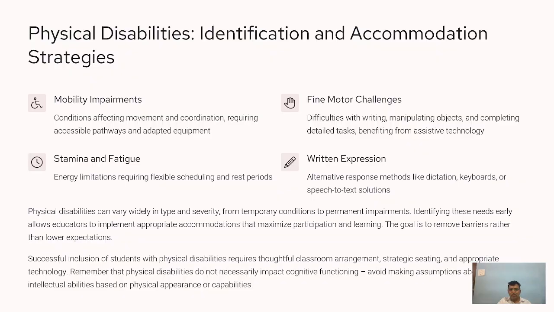There are four types of impairments: mobility impairments, stamina and fatigue, fine motor challenges, and written expression. Mobility impairment affects movement and coordination, and requires accessible pathways and adapted equipment. Stamina and fatigue: energy limitation requires flexible scheduling and rest periods.